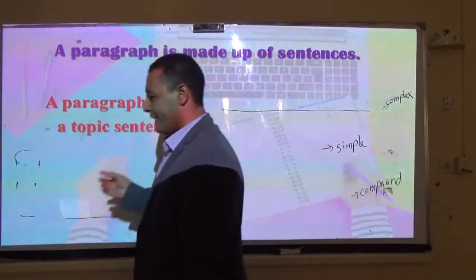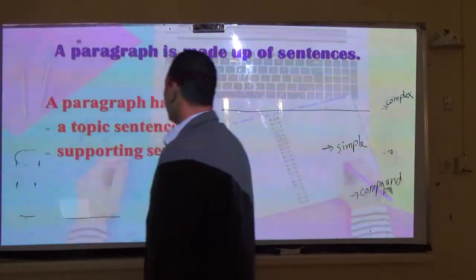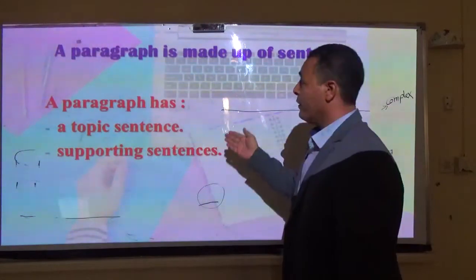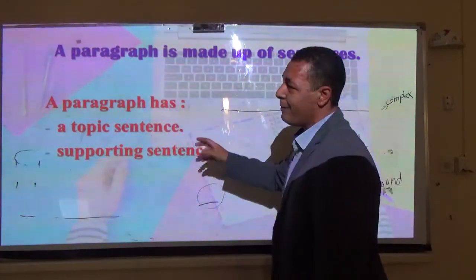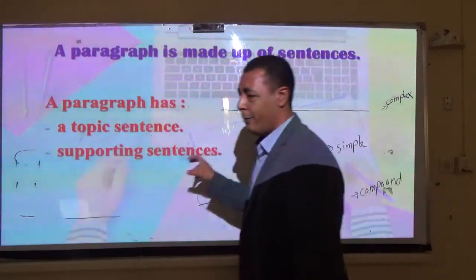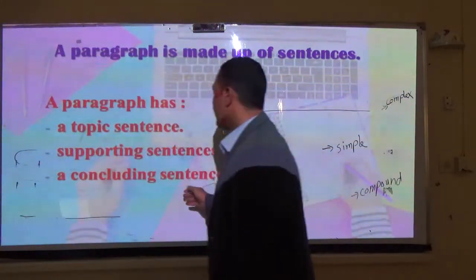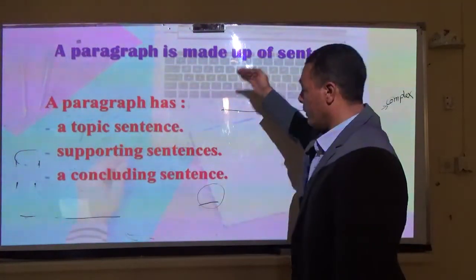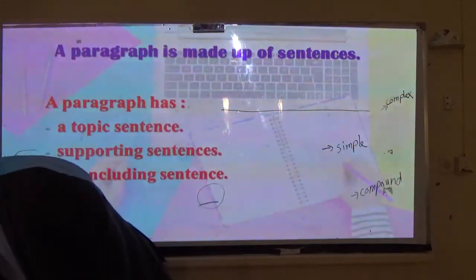This is the topic sentence. The supporting sentences follow the topic sentence. They can be like the body of the paragraph. The concluding sentence is a summary of the paragraph.